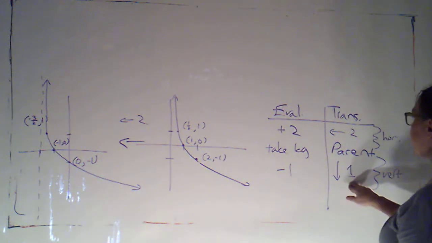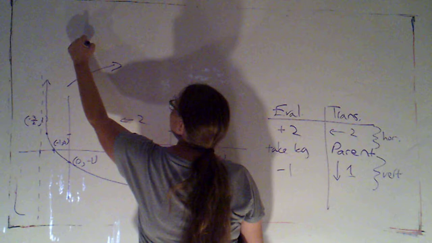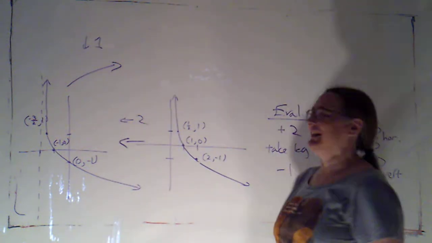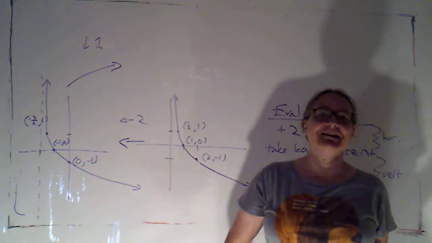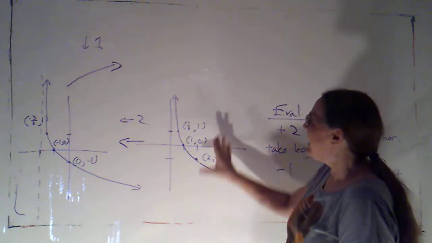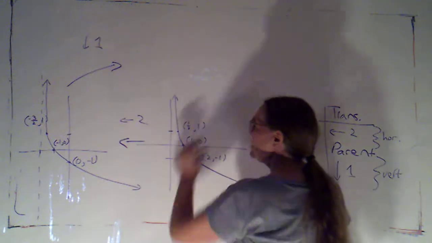Okay, so now I want to move things down 1. So I'll just come this way, moving things down 1. Please, as you're doing things, in this case, I've just got this board that I've got to recycle. Please try to make your work clear and easy to follow. If you do end up with something where you're here and then you're going in a weird order, just make it really clear.